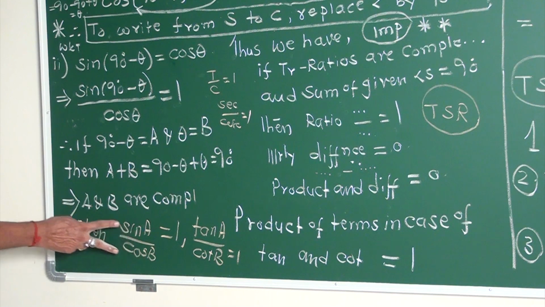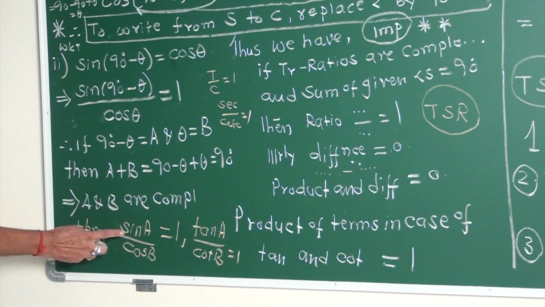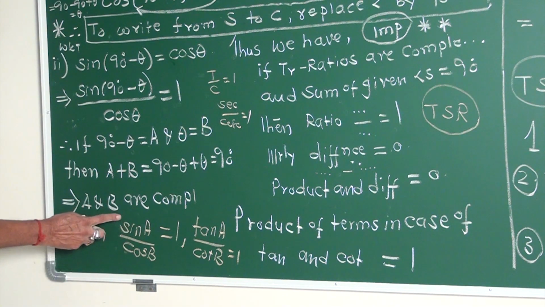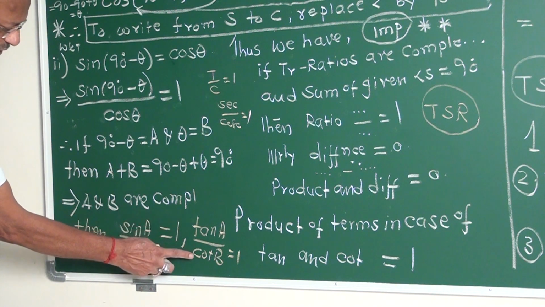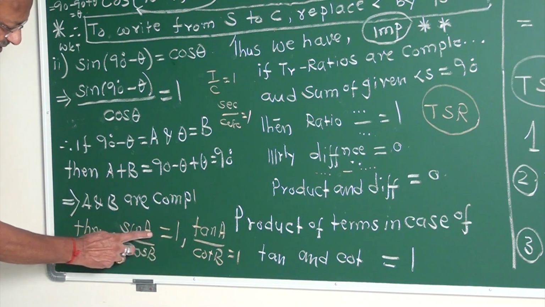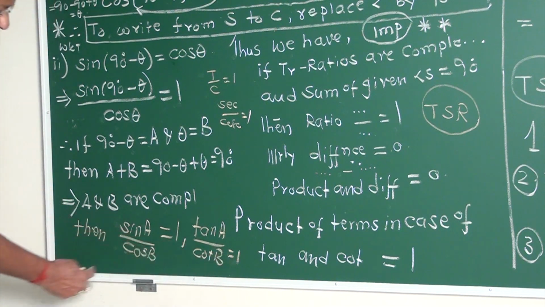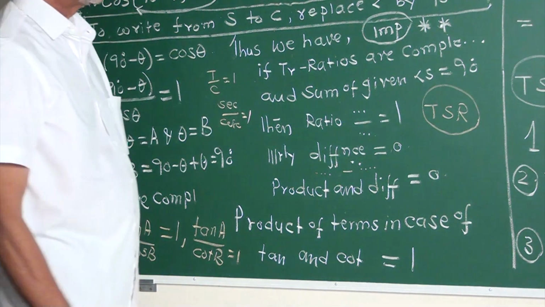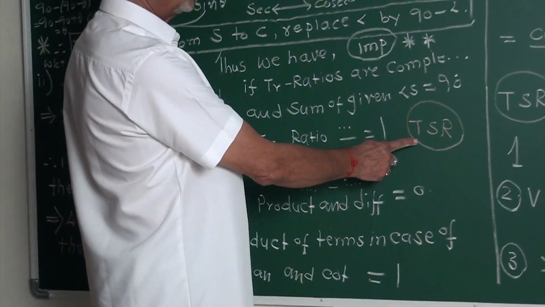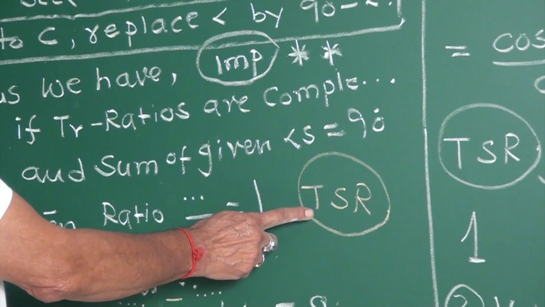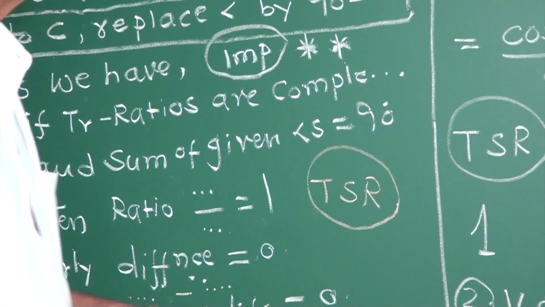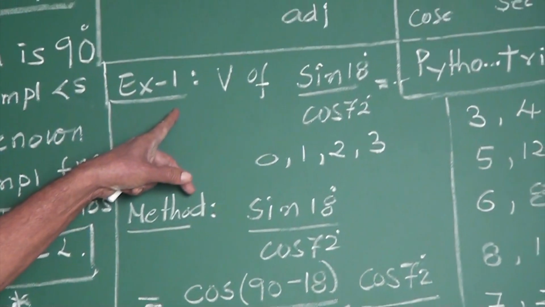Then the ratio of these two angles A and B, sine A upon cos B or cos A upon sine B, tan upon cot or sec upon cosec, directly you can write their values as 1. Then I do some verification examples. Remember, my friends, this is the result. Synopsis. These are time-saving results. Time-saving synopsis.